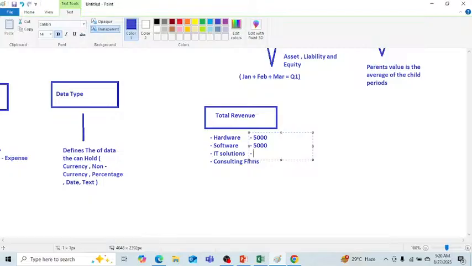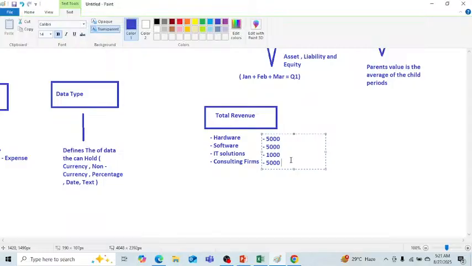For IT solutions we take 1,000, and for consulting we have taken again 5,000. So these are the numbers that I have kept under the various revenue sources: hardware, software, IT solutions, as well as the consulting firms.